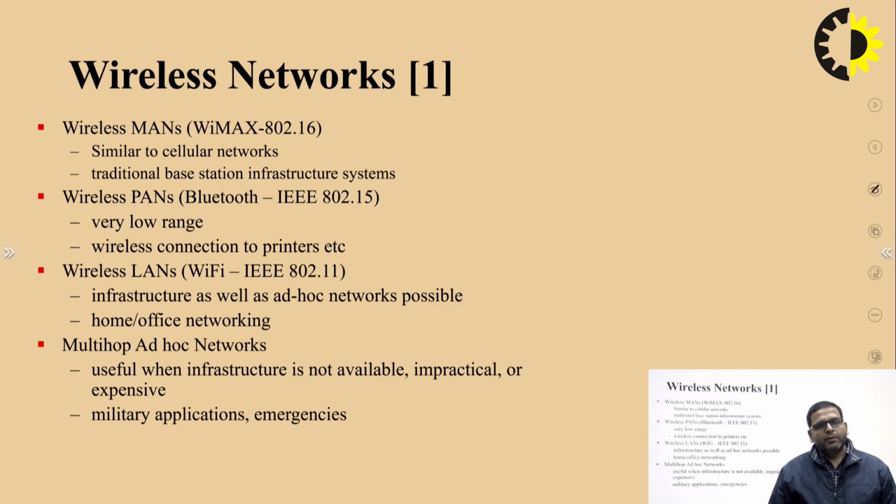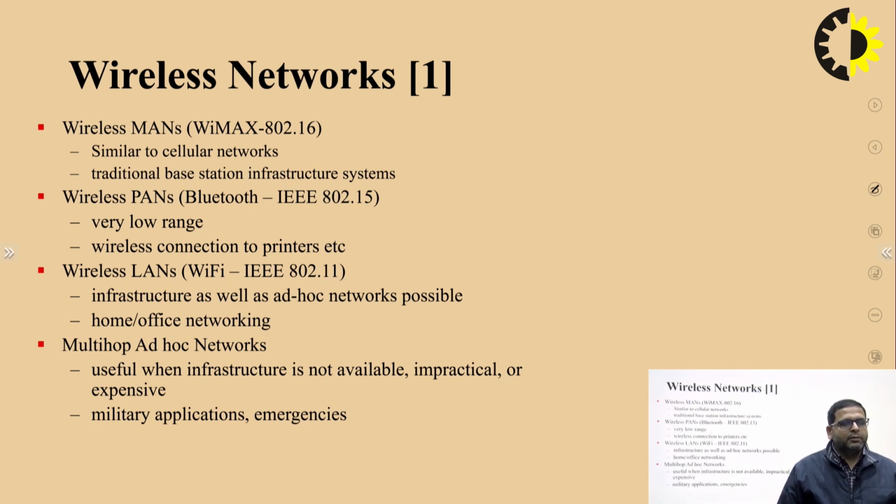When we talk about wireless networks, we basically deal with a kind of network in which we are providing access via wireless. In this network, we are using various services with the help of wireless technologies.